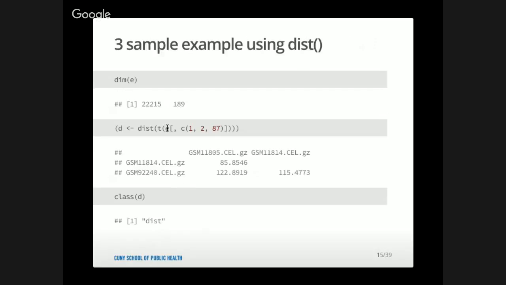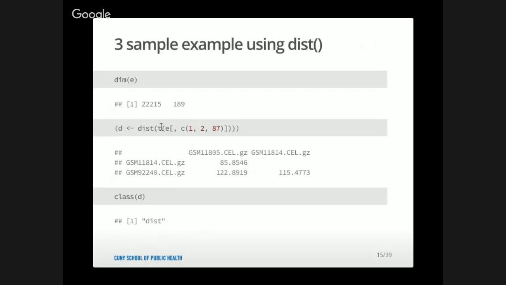So here is the expression matrix. I'm subsetting columns 1, 2, and 87. And note a maybe unexpected aspect, something that I forget sometimes: dist calculates distance between rows of your matrix.